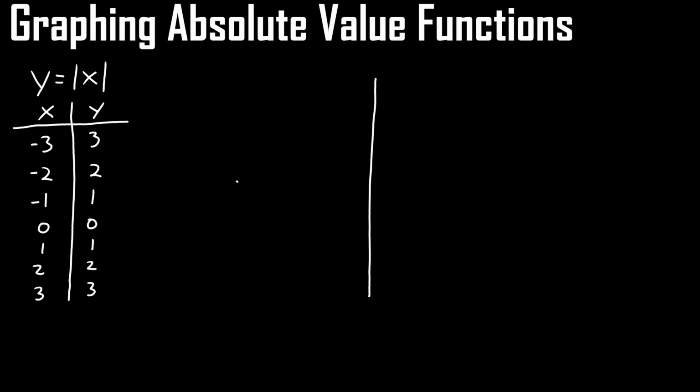So let me draw the x and y axis. And let me change the color. So our vertex will be at the origin 0, 0. So right here. And then we're going to have points at 1, 1, 2, 2, and 3, 3.